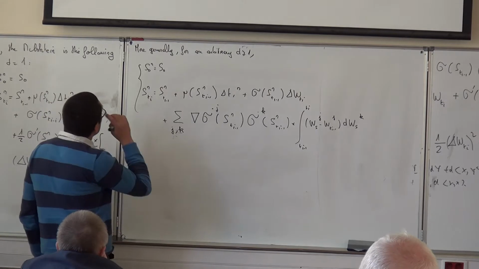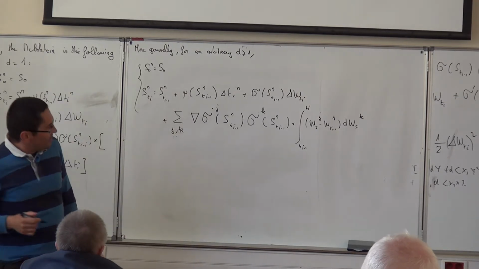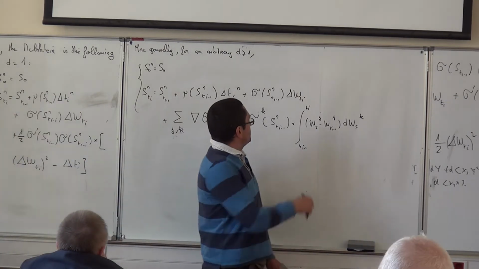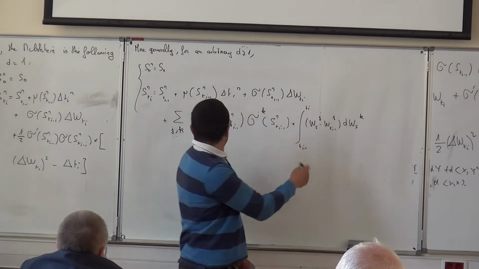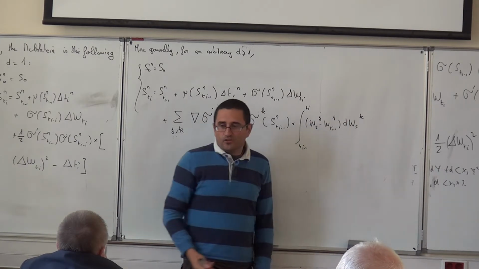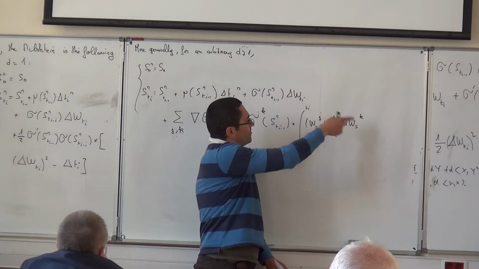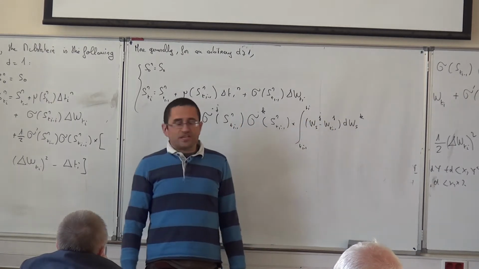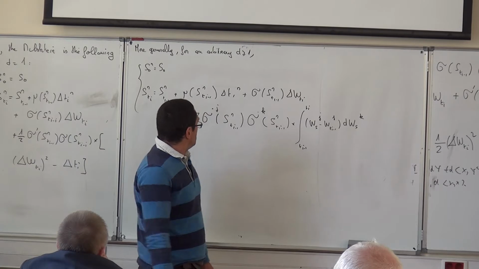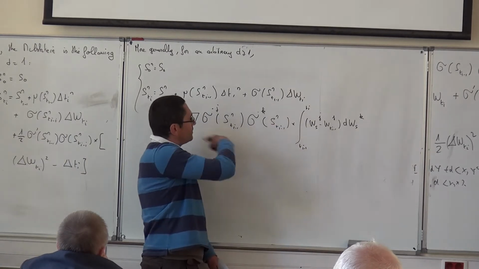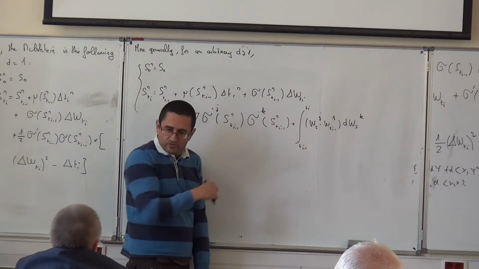Here, the difficulty is that for j different from k, you cannot a priori know how to simplify this in general, because of these coefficients.